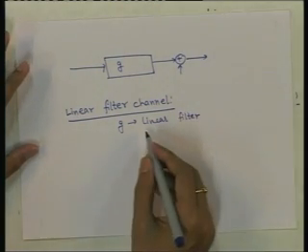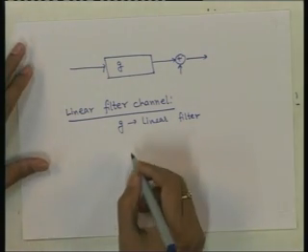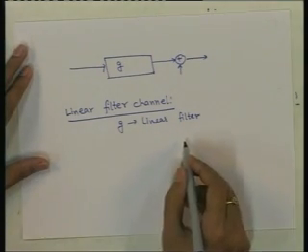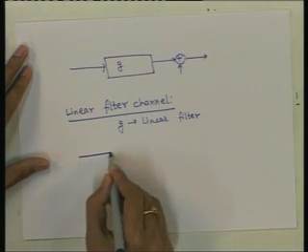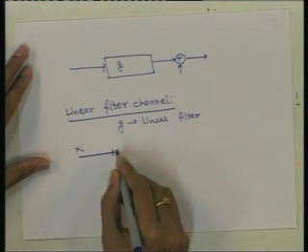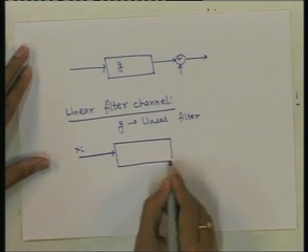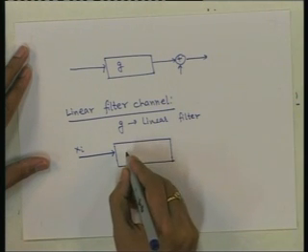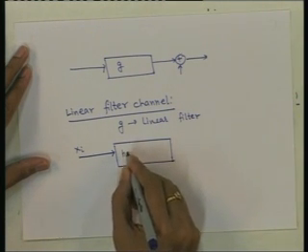So, in the discrete time version of the channel, there will be a discrete time filter. We have a signal xi and there is a linear filter with impulse response, let us say hi.